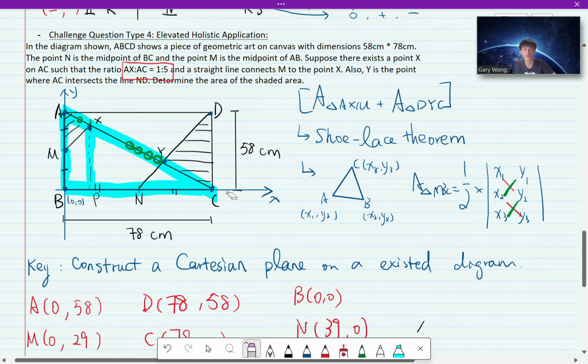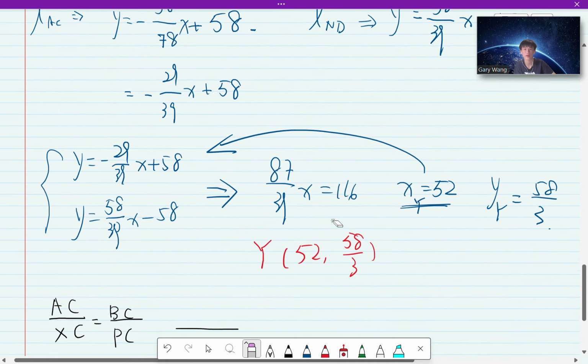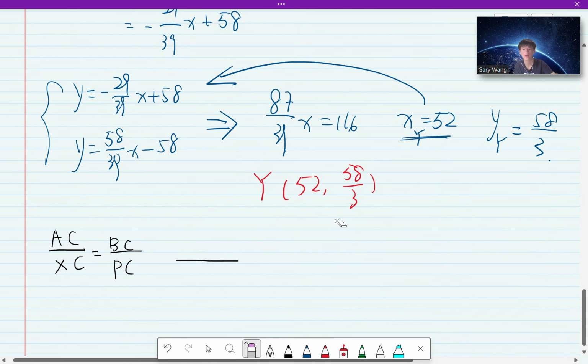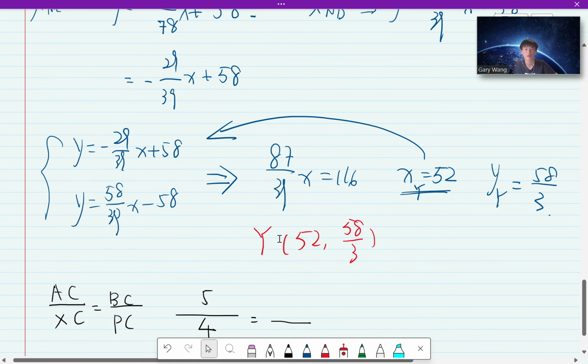So in the question it says AX to AC is 1 over 5. Then what is the ratio between XC to AC? It would be a 4 to 5 ratio. And BC to PC would also be 5 over 4.